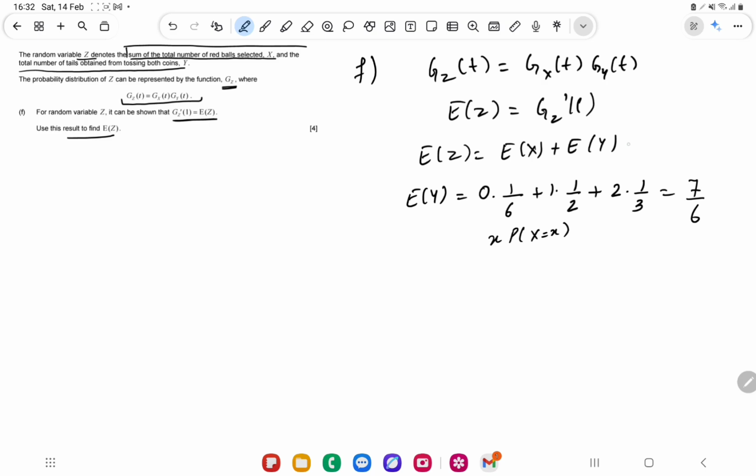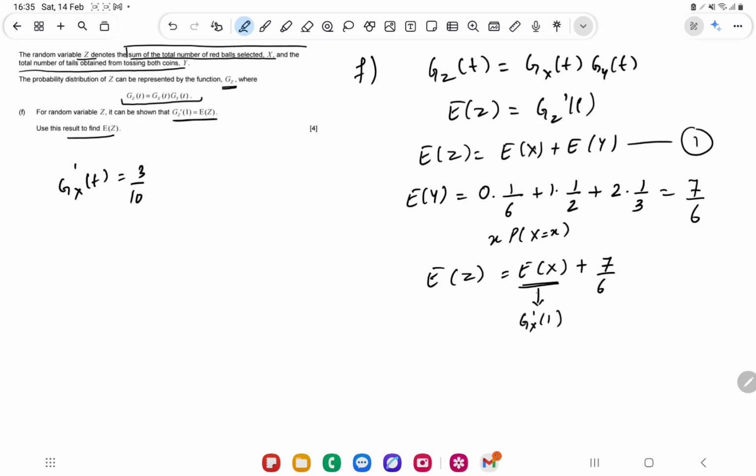So I can substitute this in equation 1. So I will get E(Z) as E(X) plus 7 by 6. Now we can insert the previously found value of E(X) if it is given in the question. So E(X) is nothing but G'x at 1, and I had my G'x function as 3 by 10 plus 3 by 5 into t plus 1 by 10 t square.